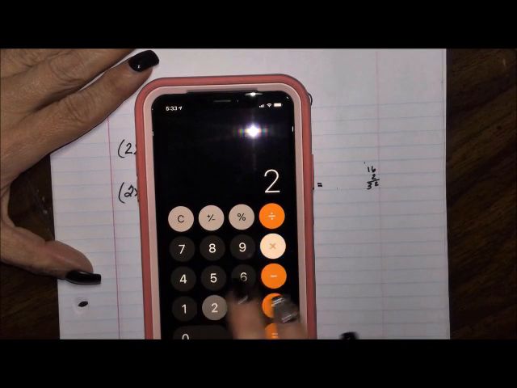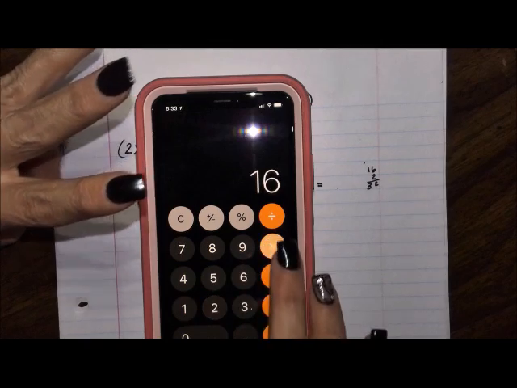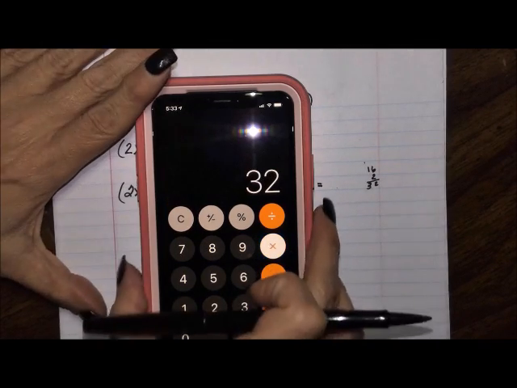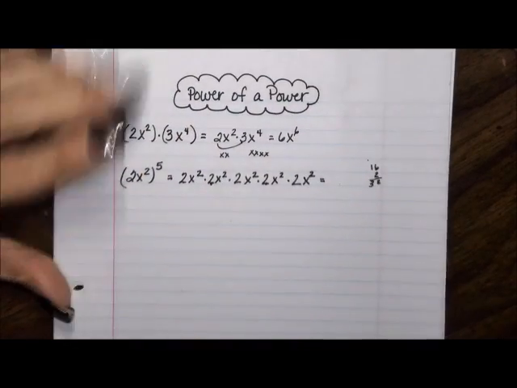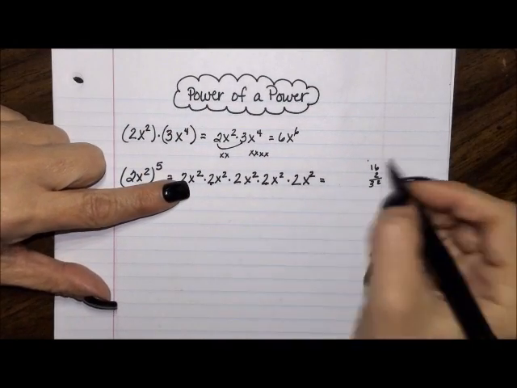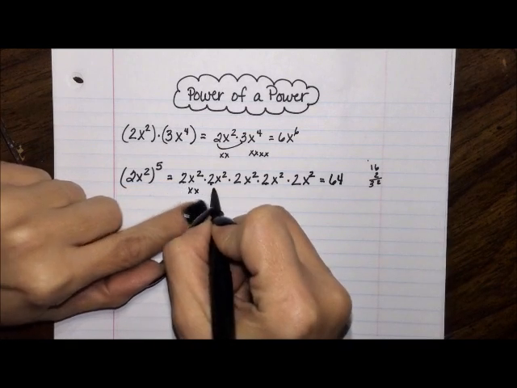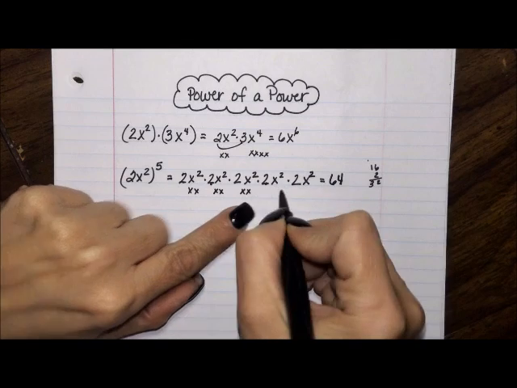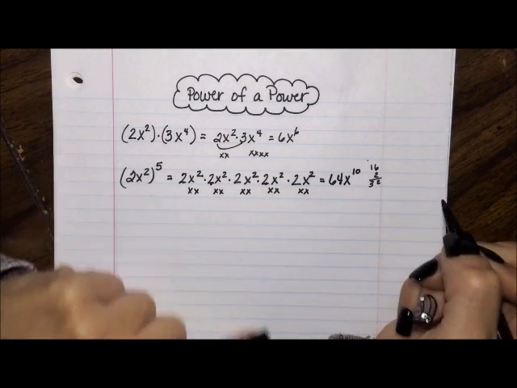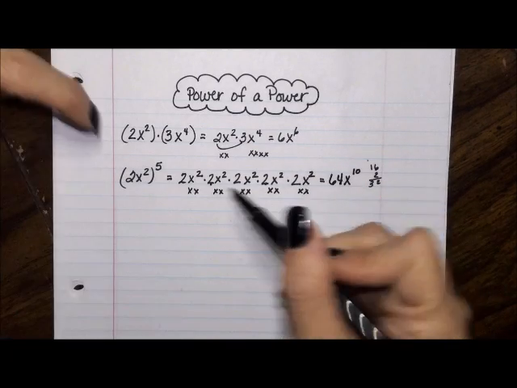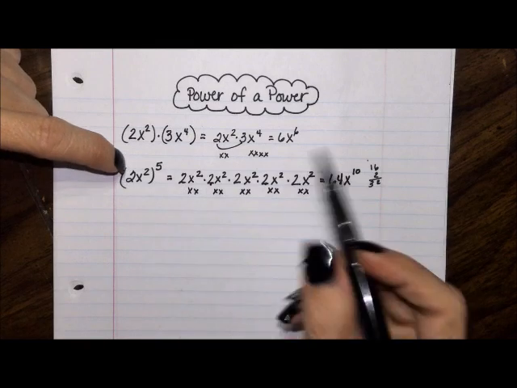So 2 times 2 times 2 is 8, times 2 is 16, and one more is 32. Oh, well, one more. 64. Okay, so 64. That's a lot of 2's. And 2, 4, 6, 8, 10: x to the 10th.